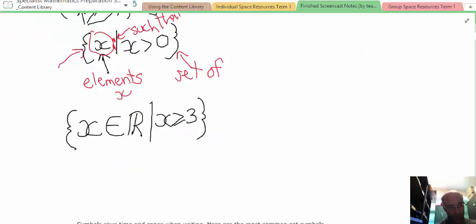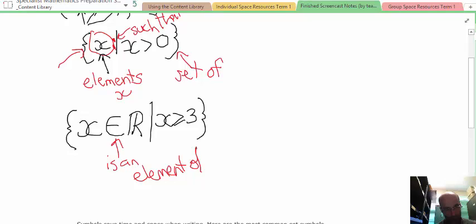Below I've added in another variation. What we have here is X and that curvy looking E, which means element of. So that means X is an element of. And you've seen the boldface R before, that means real numbers. So X is an element of the real numbers, and then again such that X is greater than or equal to 3.